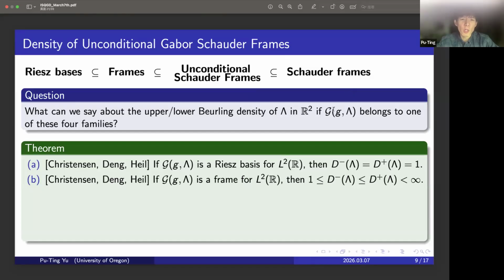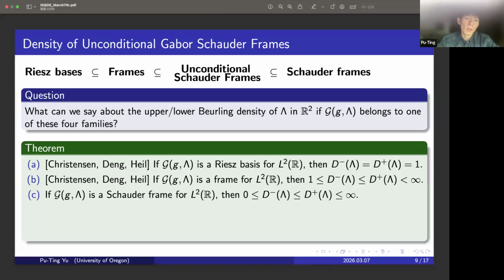I don't think the following result has ever been explicitly stated in some paper, but we know that if a Gabor system forms a Schauder frame for L2(R), then it is possible that the lower Beurling density of lambda is equal to 0. It could be as low as 0, and the upper Beurling density could be as high as infinity. So let me talk about why it is possible that the upper Beurling density equals infinity.